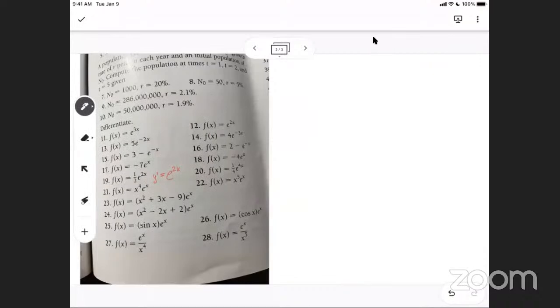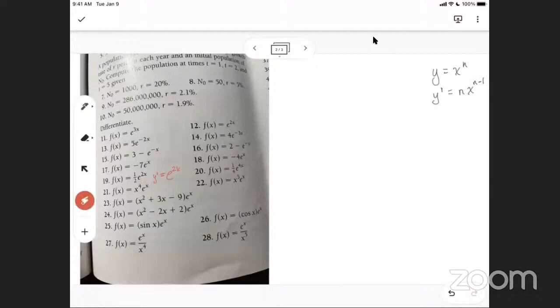If your function is something like x to the n power, then the derivative, let me write this to the right like I did on the last page. If your function is x to the n power, then the derivative with respect to x is n times x to the n minus 1 power.